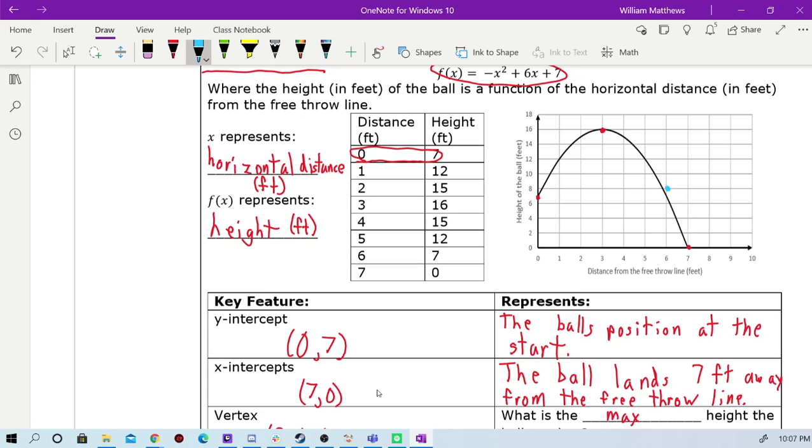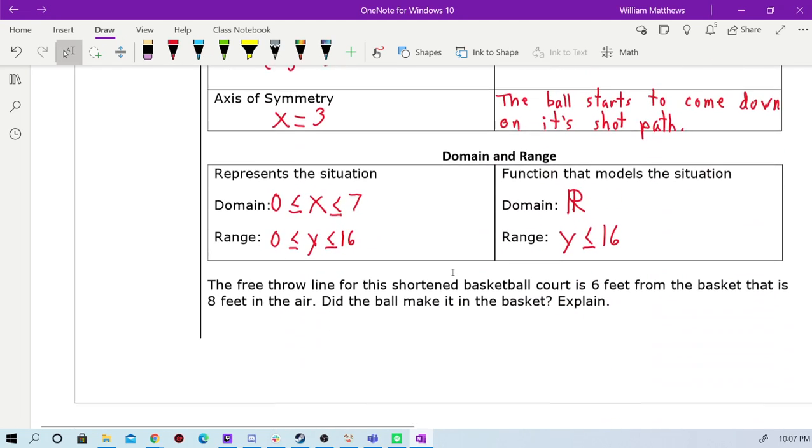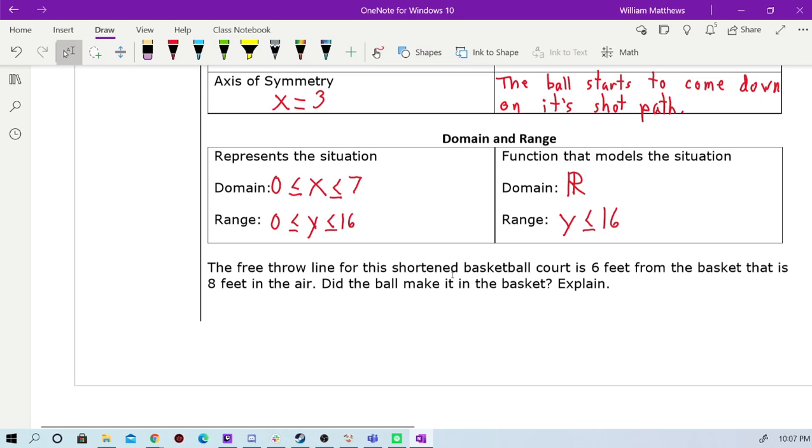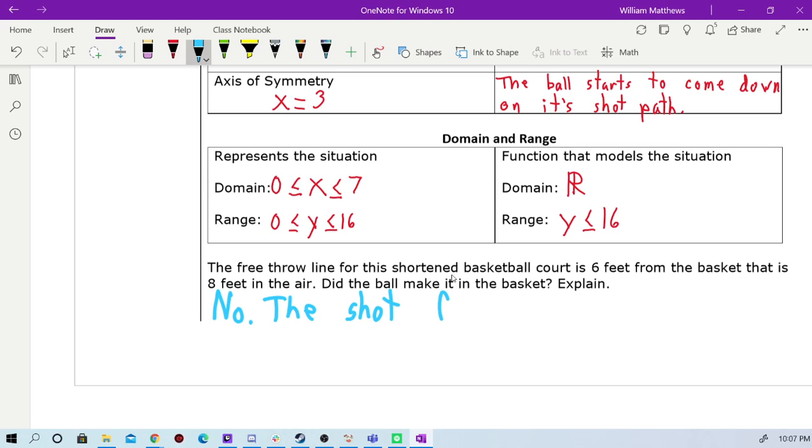In this case, you can see that our arc is a little short. It goes below our point, which would mean no, he did not make it. And the reason why, the shot fell short of the goal.